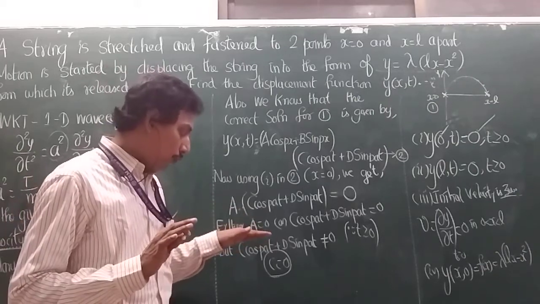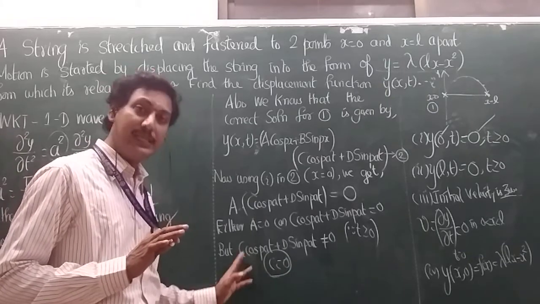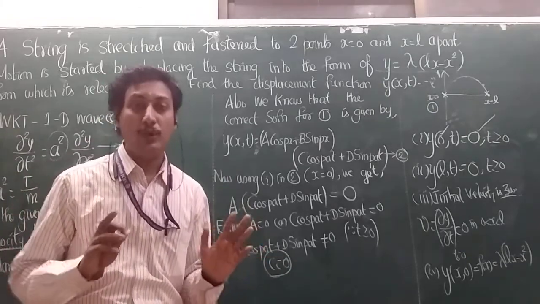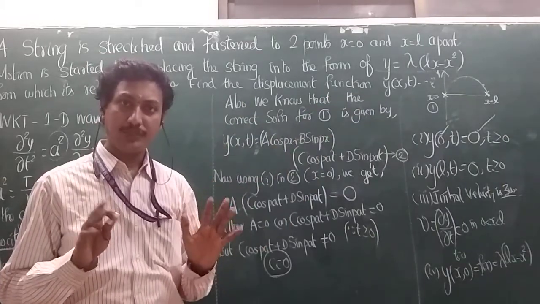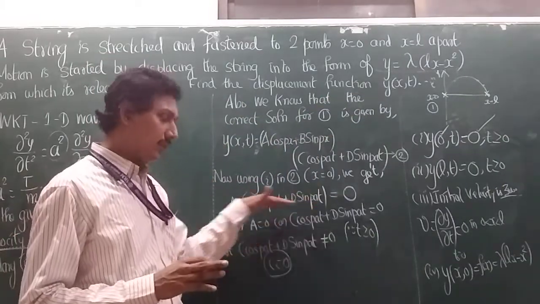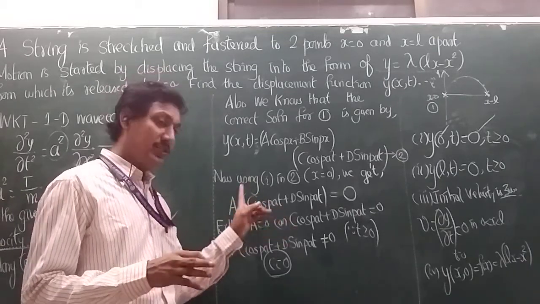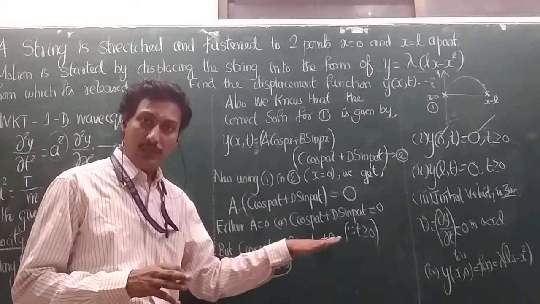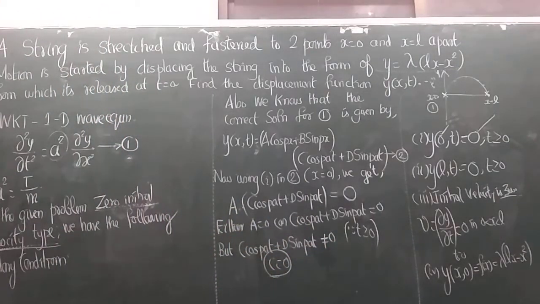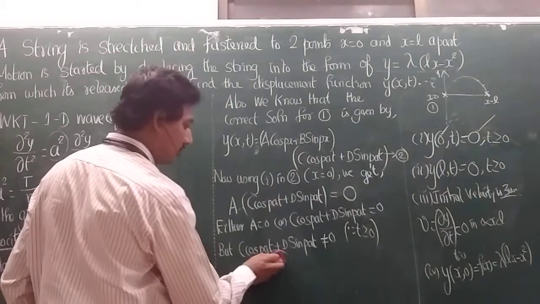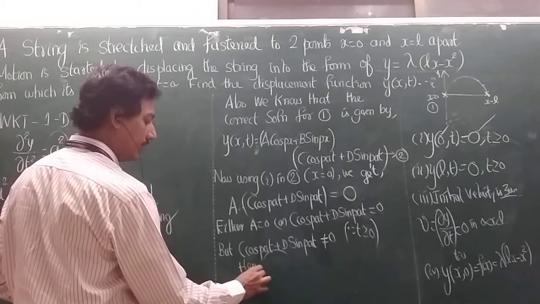But if this value is 0 completely, both c and d become 0, and then y is 0, which is a contradiction. So definitely this value is not equal to 0 for all time t greater than or equal to 0. So which one is 0 then? The only remaining one is a. Hence a equal to 0.